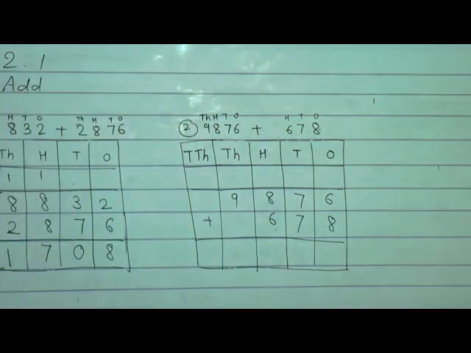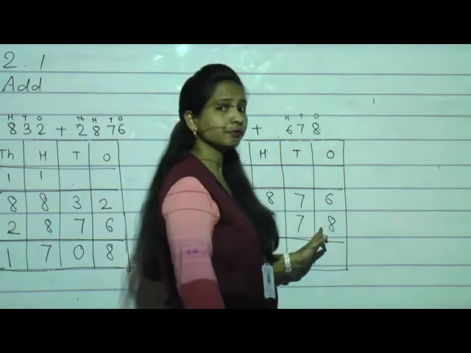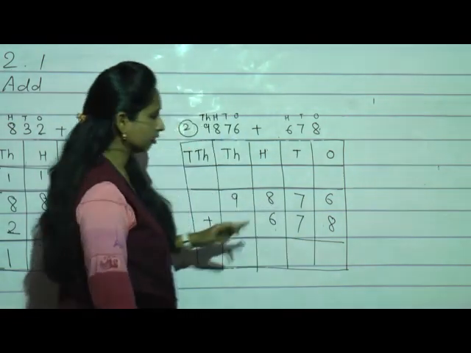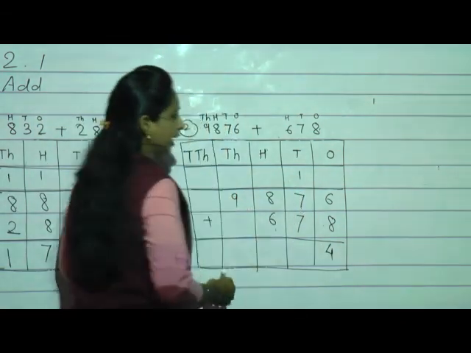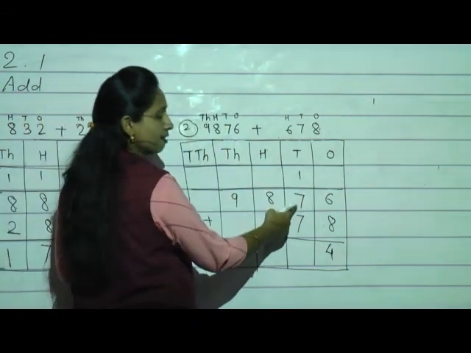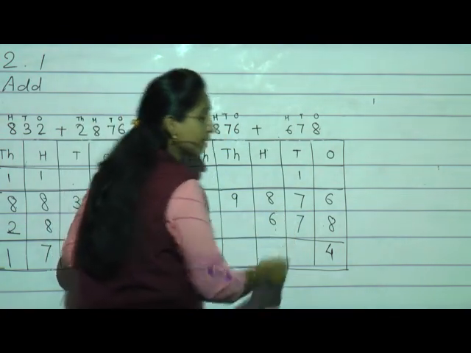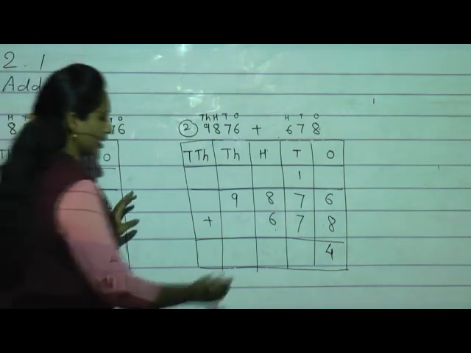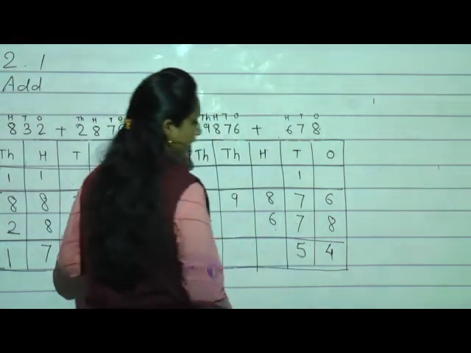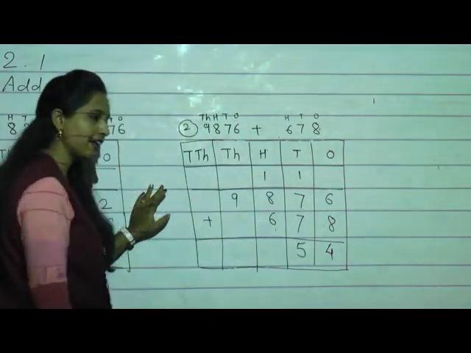Let us add these numbers together. Now tell me, 6 plus 8, yes students, 14. So write 4 here, 1 will carry to tens place. 1 plus 7, 8. 8 plus 7, yes, 15. So we write 5 on tens place, 1 will carry to hundreds place.